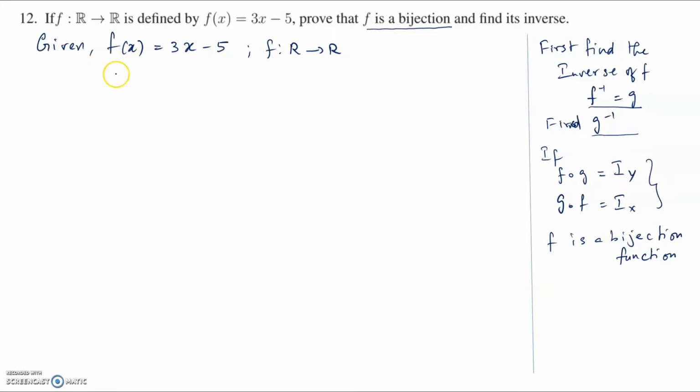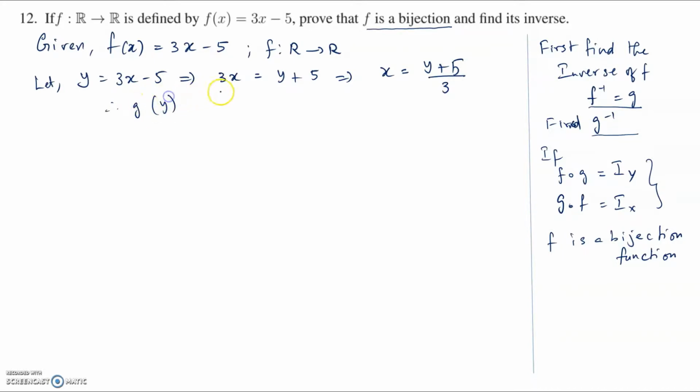To find the inverse, let y equal 3x minus 5. So this implies that 3x is equal to y plus 5. That implies that x is equal to y plus 5 divided by 3. Therefore, g of y, which is our inverse function, will be equal to y plus 5 divided by 3.